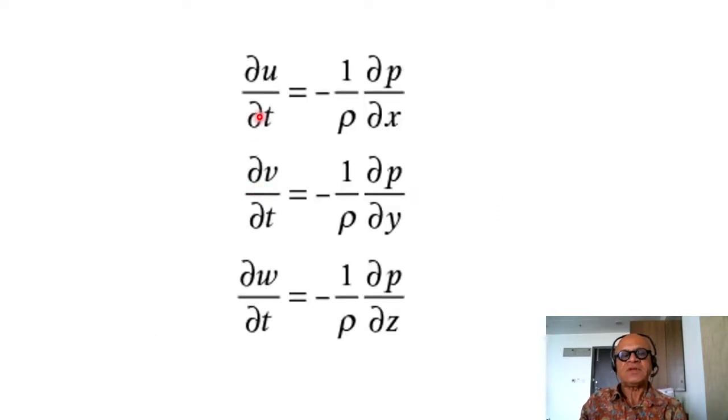Okay, so if you just had pressure gradients driving the fluid flow in the ocean, then the acceleration terms could be just related to the pressure gradient in x, pressure gradient in y, and vertical acceleration.